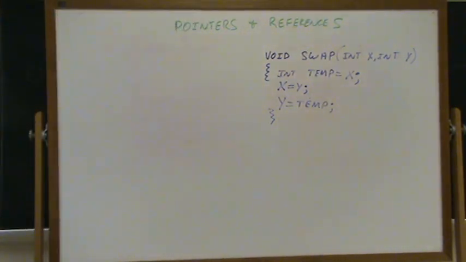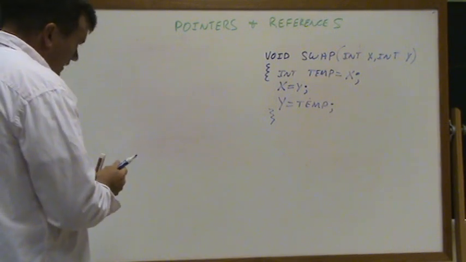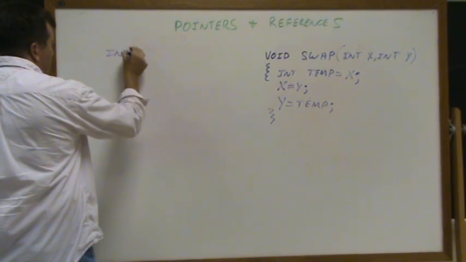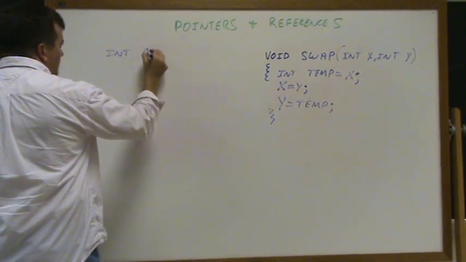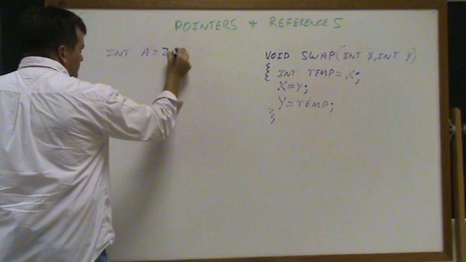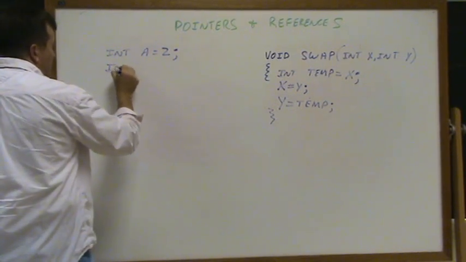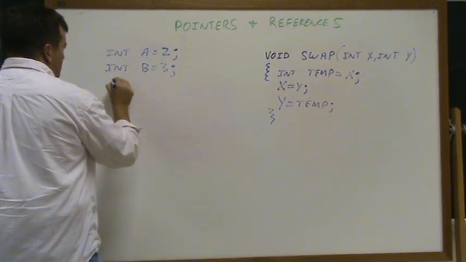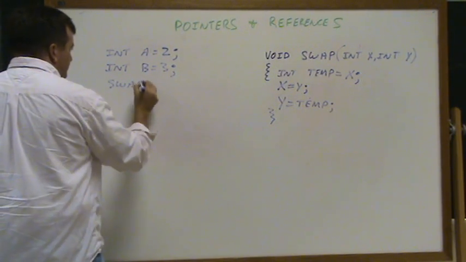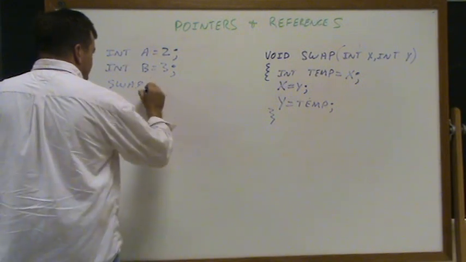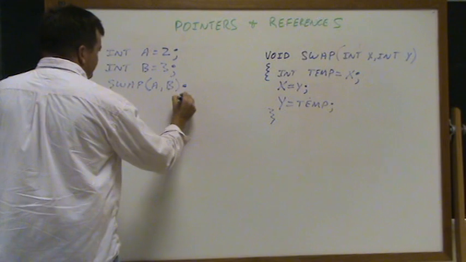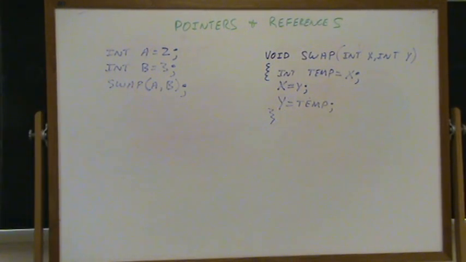What would happen? That's a function or method somewhere in our code, and then somebody comes along and calls it with a and b, and then goes to print them out.